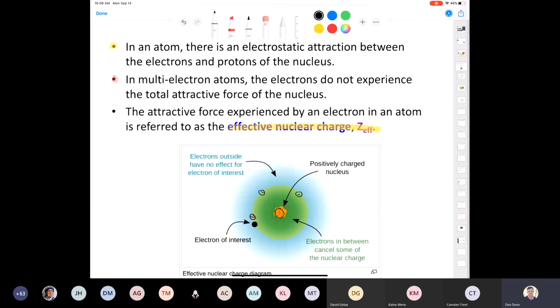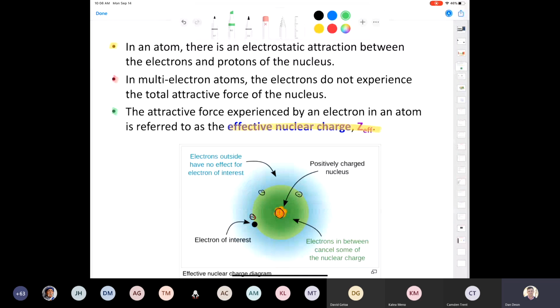We have outer electrons or valence electrons, and inner electrons called core electrons. The more core electrons we have, the more they shield the valence electrons from that positive charge. So the attractive force experienced by an electron in an atom, we refer to as the effective nuclear charge.